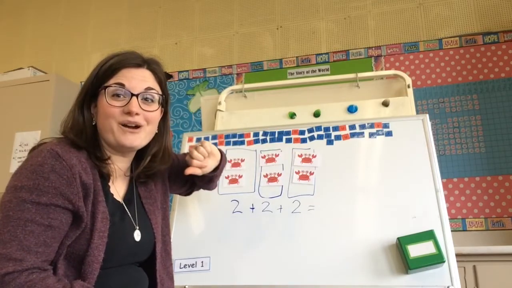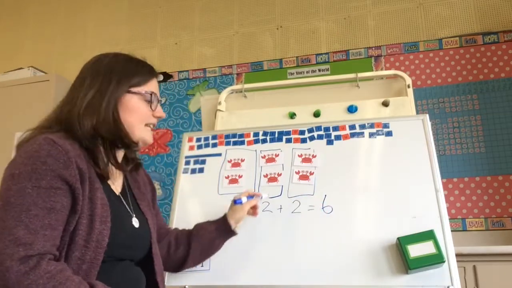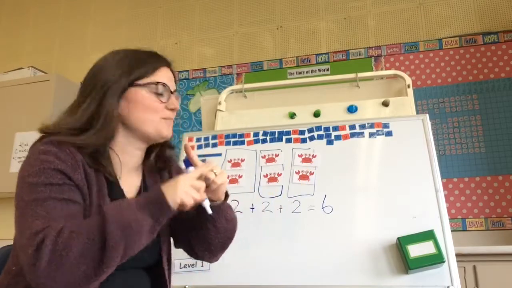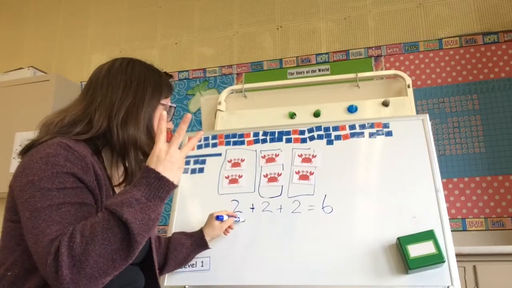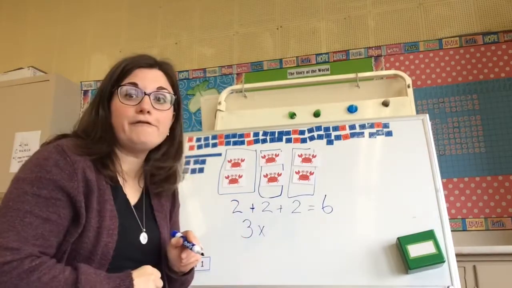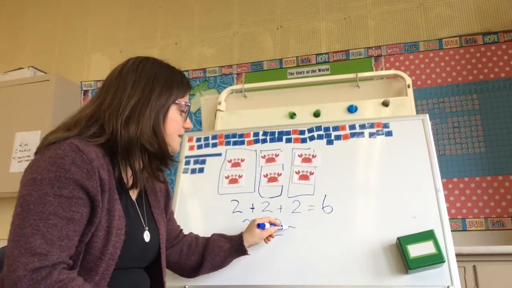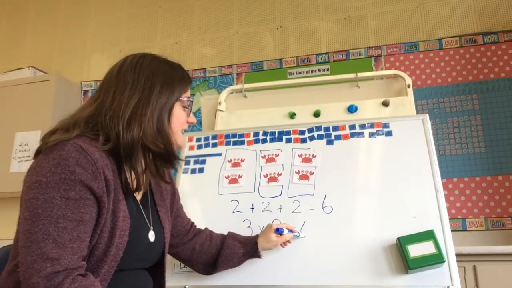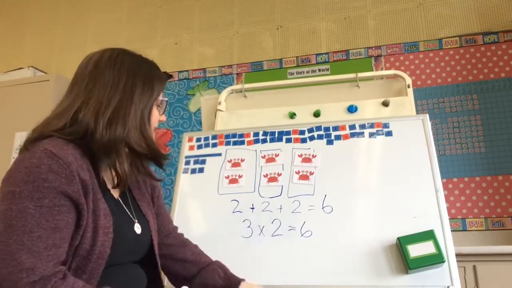What's 2 more than 4? 6. Now, I can do adding like that, or because there's 2 crabs in each group, I can multiply. So there are 1, 2, 3 groups of 2. There's 2 in each group. So 3 times 2 gives me, how many crabs are there all together? 6. 3 times 2 is 6.